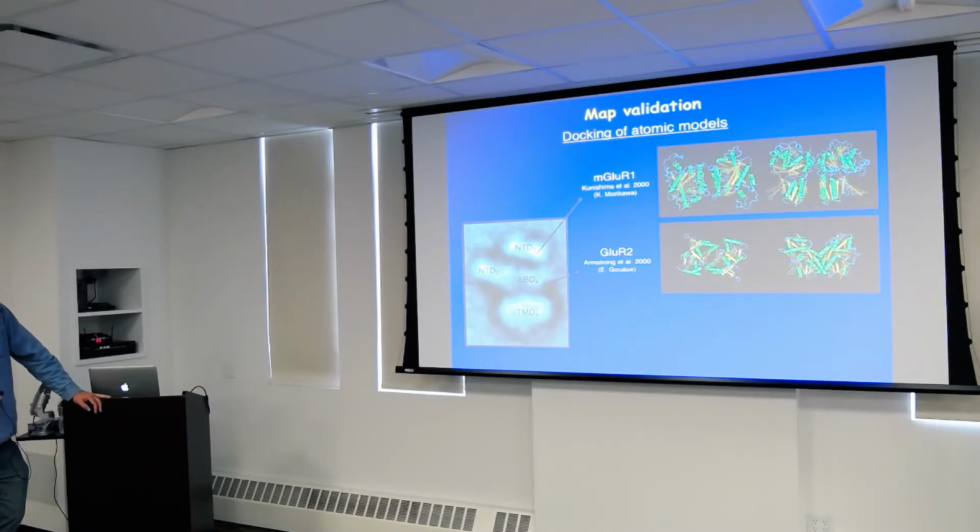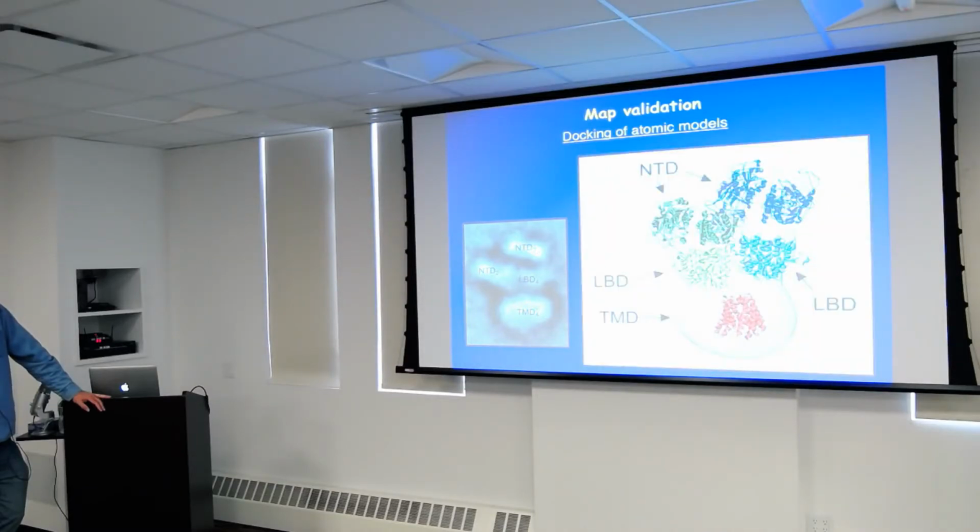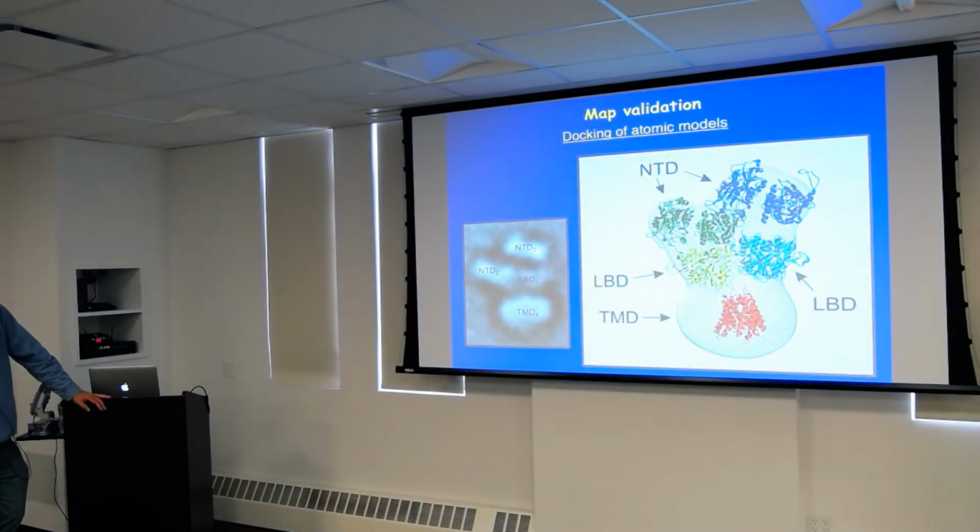And the transmembrane domain is a cation channel, so we could compare it to KcsA, which was known at the time. So we have these crystal structures of similar proteins, and this was a low resolution density map, so we could nicely fit it. Everything fit very nicely. The transmembrane domain fit very nicely.